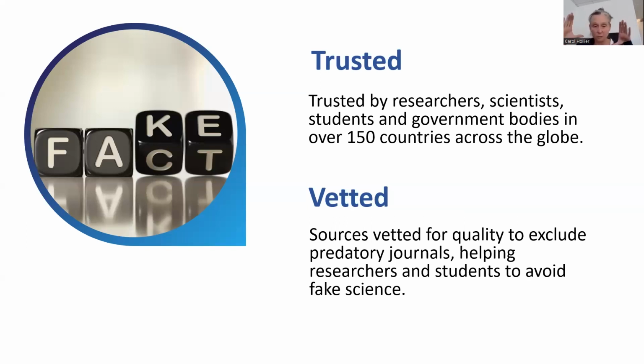A very important part of the editorial team's job is vetting our sources. We do this for quality, both to make sure that they're within the scope of the journal, but also to exclude predatory journals, so that we help researchers and students avoid fake science.